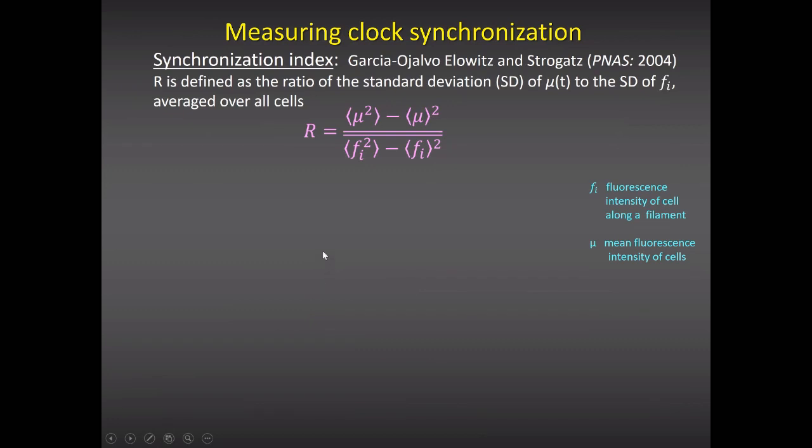The synchronization index is defined as the ratio of the standard deviation of the mean fluorescence intensities of the cells with time, divided by the standard deviation of the intensity of cells along the filament, averaged over all cells. So this index varies between 0, which is unsynchronized, and 1, which is full synchronization.